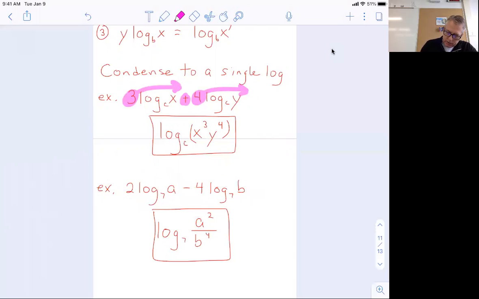So that minus, this is where the division happens. And so that's why this has to go on top and this has to go on the bottom. Now, if you're multiplying, it doesn't matter because there is no top and bottom, but when you're dividing, it does. So good question. Again, that 2 became an exponent, that 4 became an exponent, and we divided. So that's where the A squared divided by B to the fourth comes from.